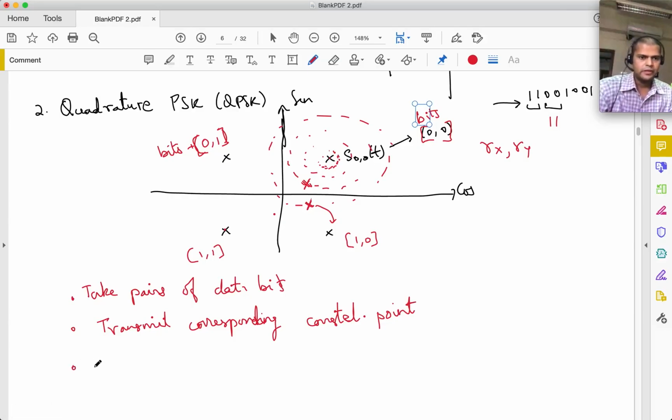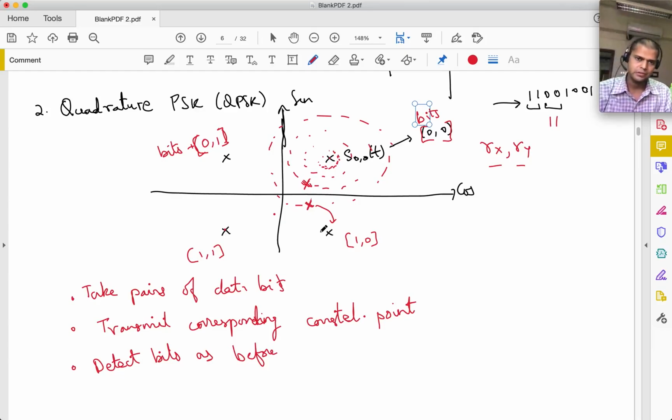And we detect bits as before. We are going to find Rx, Ry, and in this case, just depending on which quadrant it ends up in, we're going to say that that particular constellation point was transmitted. And we assign the data bits corresponding to that particular constellation point, which we think is the most likely to have been transmitted.